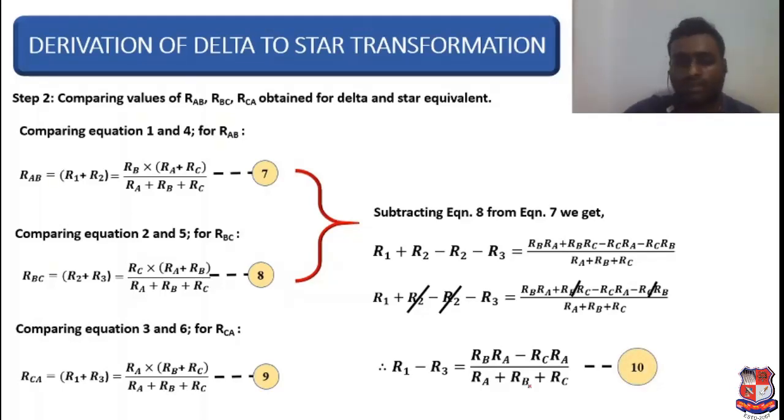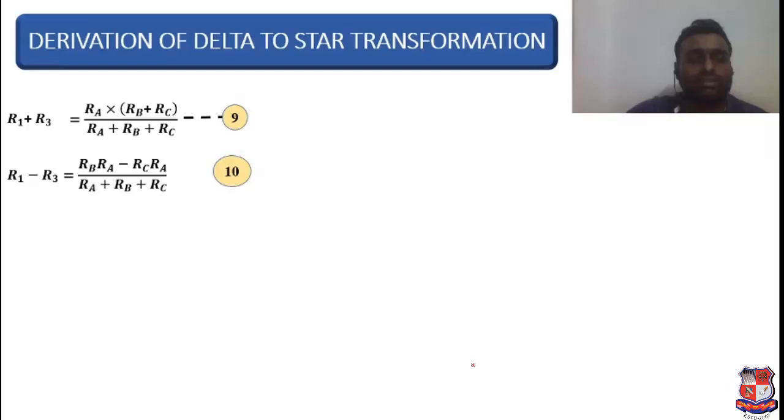Now if you see here, this is R1 plus R3 and this is R1 minus R3. If we add these two, then R3 will get cancelled, so we will eliminate R3 to find the value of R1. We know that this is equation 9 and this is equation 10.